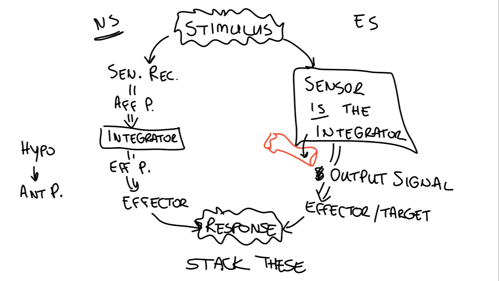And then the anterior pituitary would make TSH. We could stack another one of these pathways underneath it, and the target for that would be the thyroid, which then would make thyroid hormone. So you can see how we can stack these pathways one on top of another.